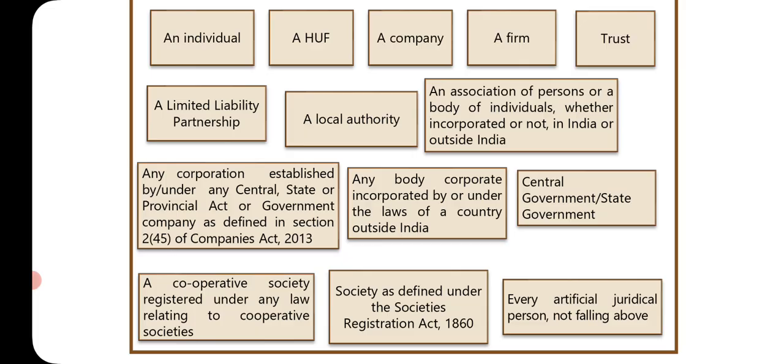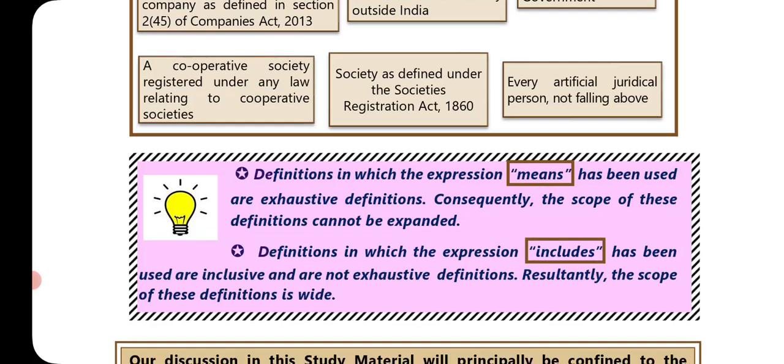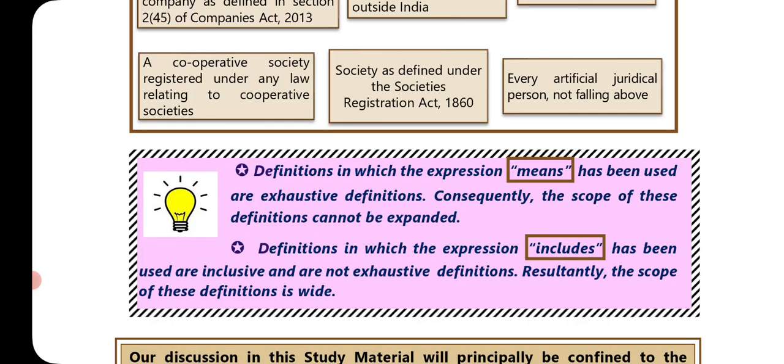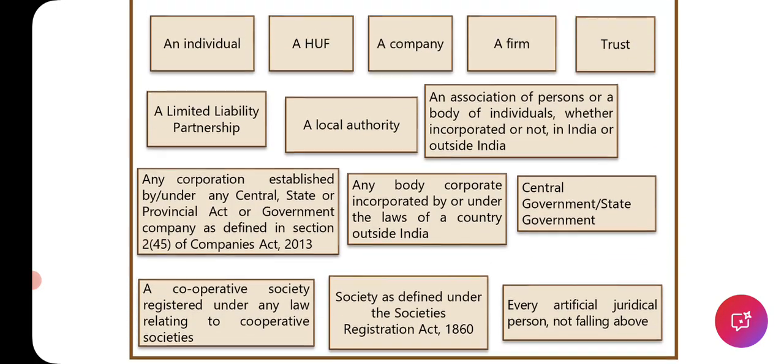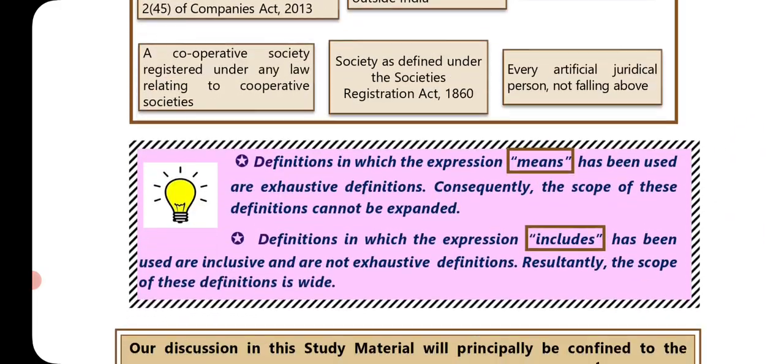Any body corporate incorporated by or under the law of a country outside India, central government or state government, a cooperative society registered under any law relating to cooperative societies. Society is defined under the Societies Registration Act 1860. Every artificial juridical person not falling above. So cooperative society is there, society defined in the Societies Registration Act is there, central and state governments are there. So these all are persons.